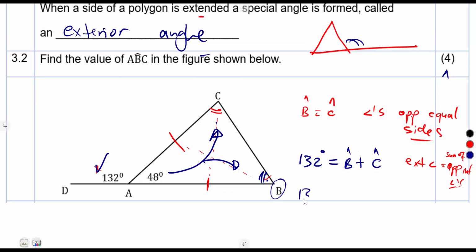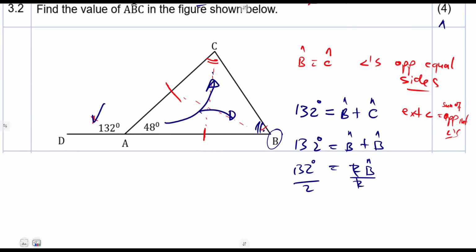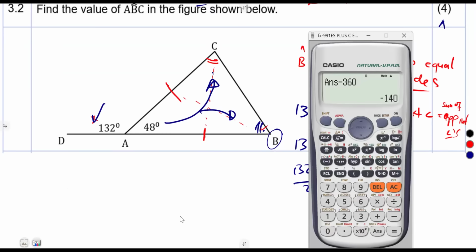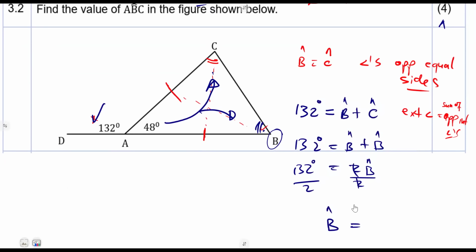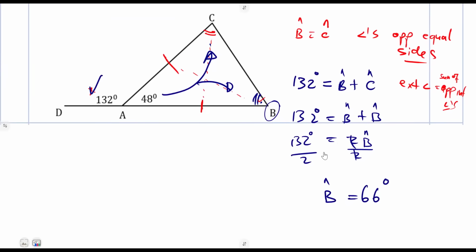I can use angle B. 132 is equal to angle B plus angle B. So that's 2B, which is equal to 132 degrees divided by 2. I'm going to obtain my angle B from there. So that is it. On your calculator, 132 divided by 2 is what? 66. So it was going to be 66 degrees. That is our angle what? ABC. Angle ABC indicating angle B. So our angle ABC was going to be 66.